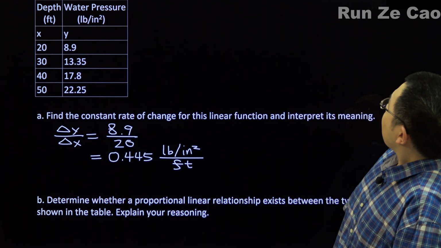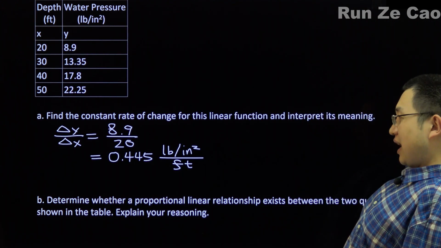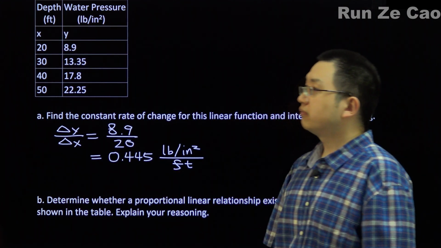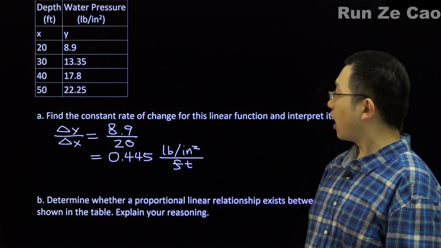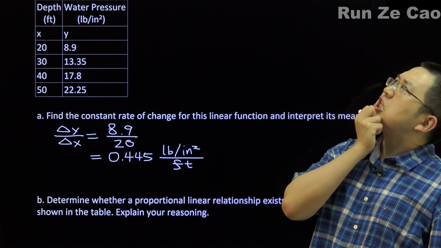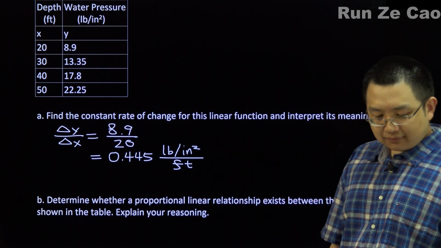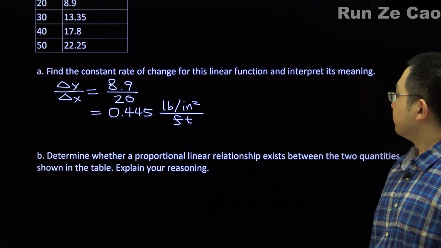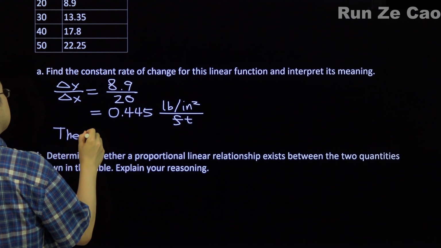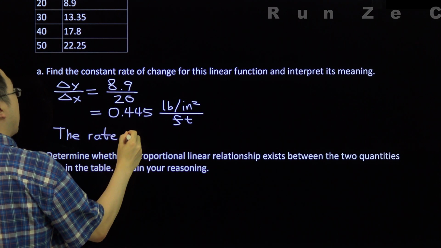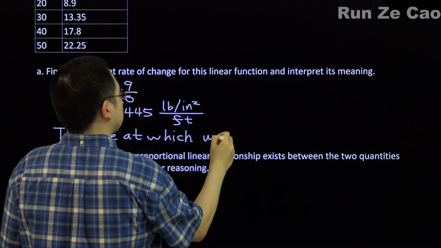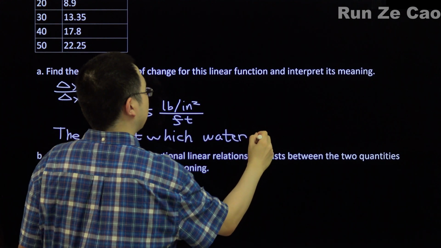So the rate of change for this linear function, the units are going to end up being per 12 cubic inches. Or if you divide this part by 12, to get rid of the 12 in the denominator, you would end up with pounds per cubic inch. Yeah, fun stuff. Interpret its meaning. The rate at which water pressure increases with depth.